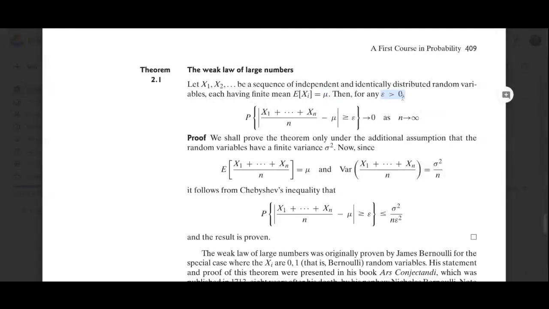Then for any epsilon greater than 0, the probability that the absolute value of the average of these n random variables minus the mean is greater than or equal to epsilon goes to 0 as n goes to infinity. So this is the weak law of large numbers.